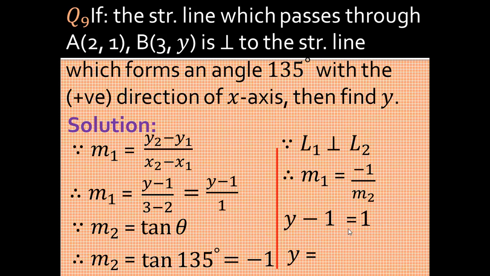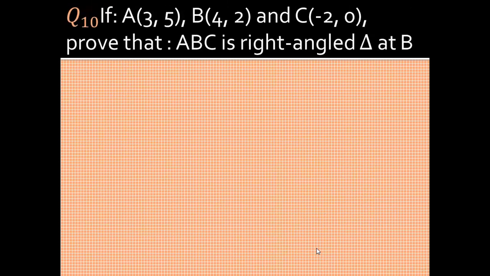So y minus 1 equals 1. This is an equation of first degree in one variable. We can move -1 to the other side with a different sign. So y is going to be 1 plus 1 equals 2, and this is the value of the unknown y.